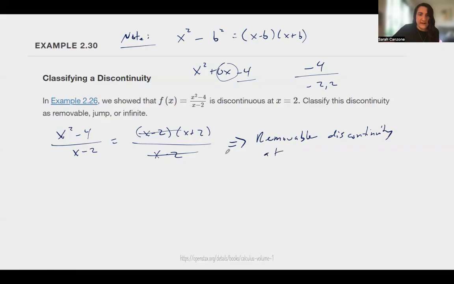And that's specifically at whatever the point is that you took out. So this is x equals 2. We don't care what the limit will be. You could compute the limit if you really wanted to. You'd see as x goes to 2, your limit's going to be 4. I'm not asking you to compute the limit here. I'm just asking you to classify a discontinuity. Here it's going to be removable because we literally removed the term.